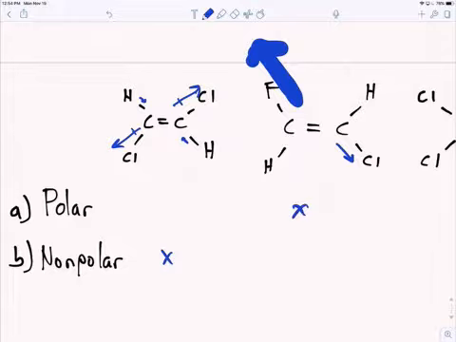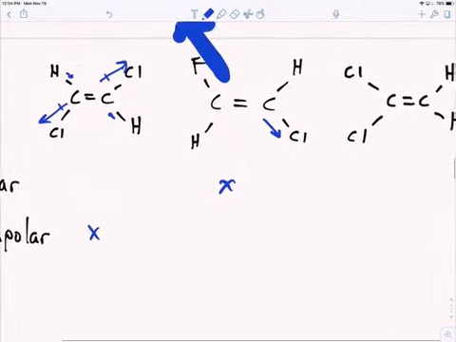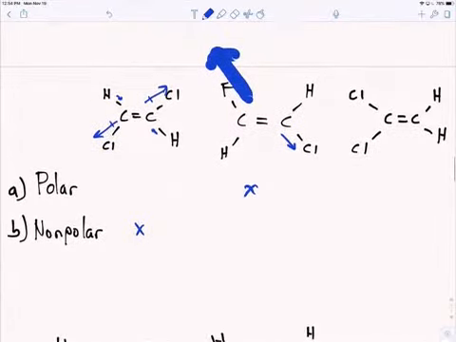Does that make sense? Okay, how about this one here? 1,1-dichloroethene, last one. Some people think this is polar.